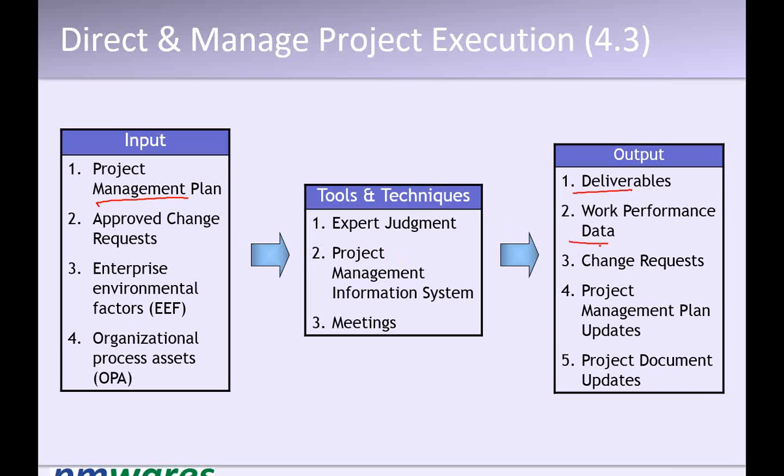And the work performance data is how this deliverable is being produced. And there is a fair possibility that if you look for any corrective measure or preventive measure or any defect you find to repair, that could be a change request. So in many execution processes you will find change request as a standard output, and in monitoring and control, change request is always a standard output.